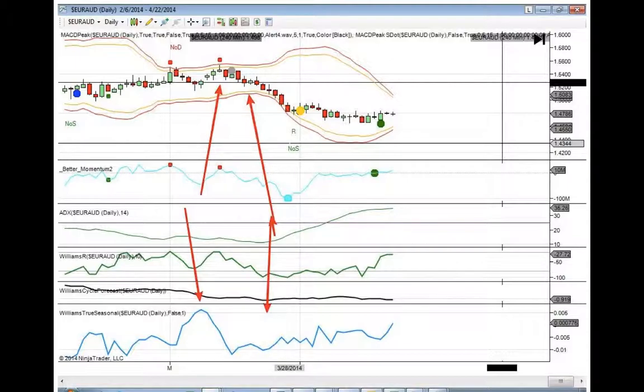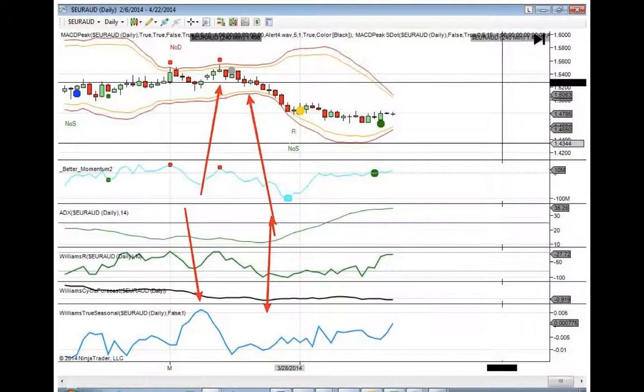As you can tell, it says that there was going to be a peak in March on the Euro Australian dollar, and they called the peak around the 7th of March. The actual peak was on the 12th, so it was a little bit early. But you can see the trend did indeed fall, and the price fell. And then there was a subsequent rise in April, and the price rose as well.